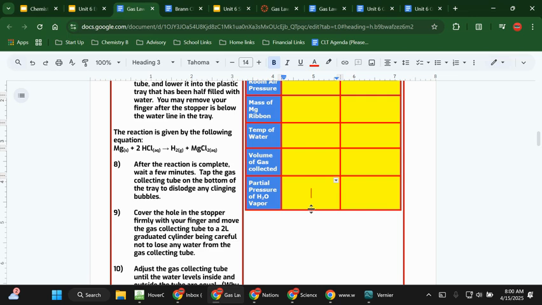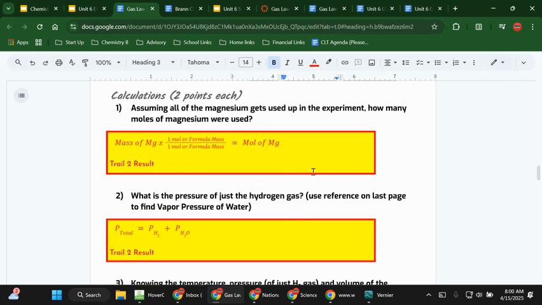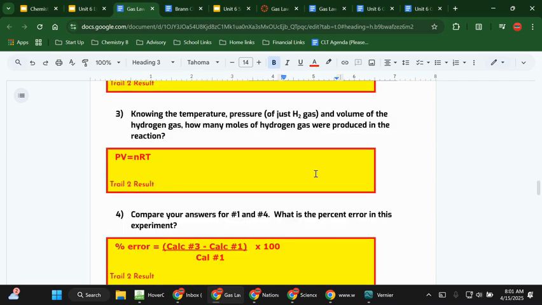So we can compare the number that we got in calculation 1, the moles of magnesium, to the number we get in calculation 3, the moles of hydrogen gas, and we could see how well we did the lab.